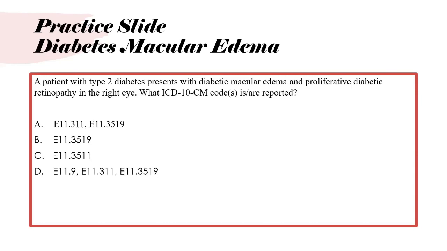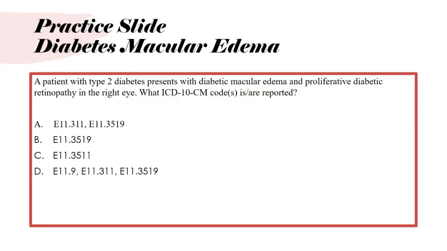Before we move forward, let's talk about some things we know, okay, for sure. We know that this is a type 2 diabetic, and all of our choices are for type 2 diabetic. But this patient has diabetic macular edema and proliferative diabetic retinopathy in the right eye. So the question is, how many codes do you need to report that?